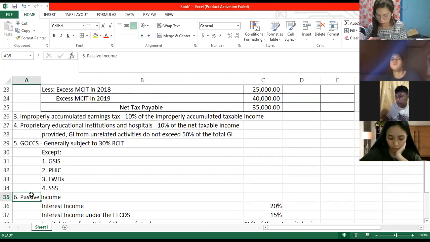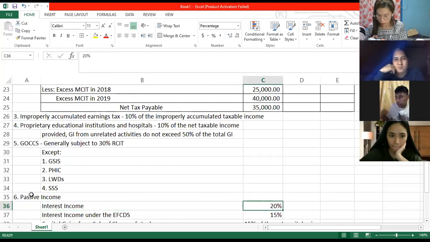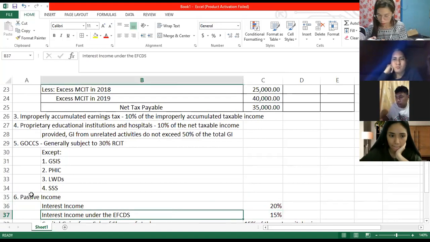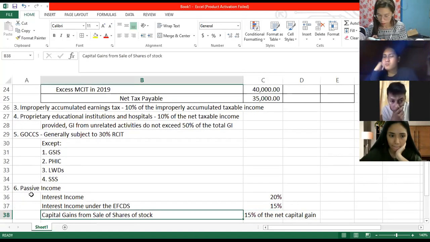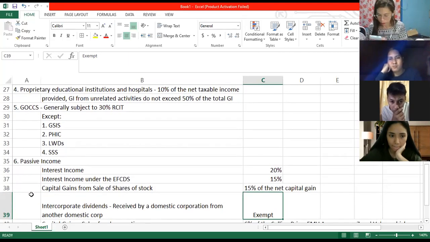Just like individual taxpayer, corporations also earn passive income. Interest income, 20%. Interest income under expanded foreign currency deposit system, 15%. And capital gains from sale of shares of stocks, same rule sa individual.